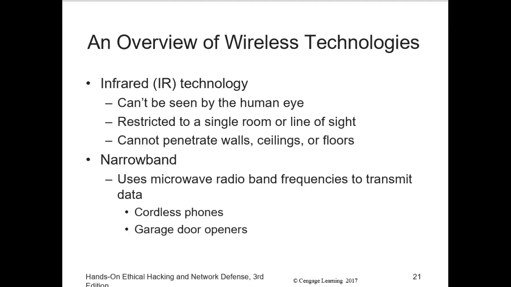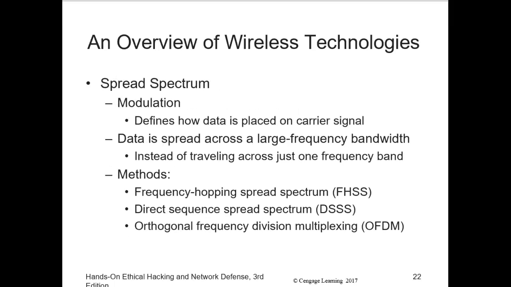Often your remote controls today use infrared signals when pointing to your television. There's also narrowband, which uses microwave radio band frequencies to transmit data. Cordless phones, if anybody still uses them, and garage door openers for sure use narrowband frequency. All of this can, of course, cause interference.